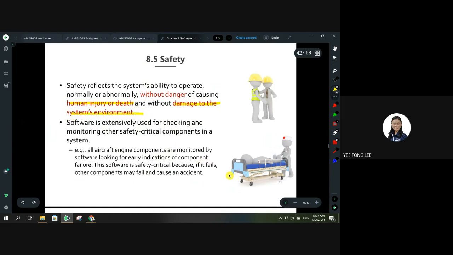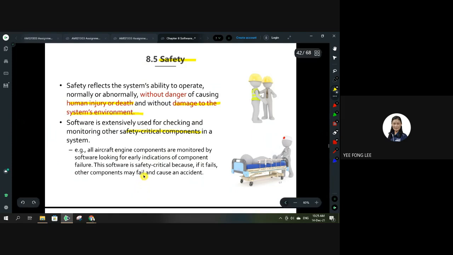Examples of safety critical systems, which we already mentioned at the beginning of the lecture: the nuclear system, control monitoring system in the aircraft, process control system in chemicals, automobile control system.